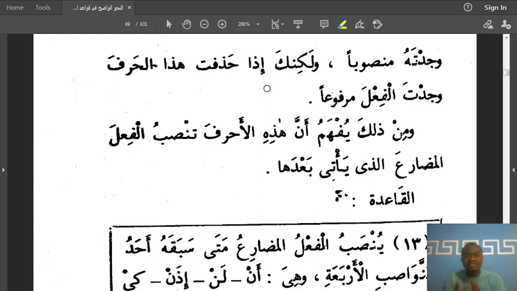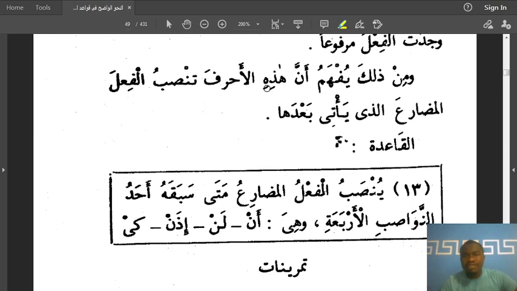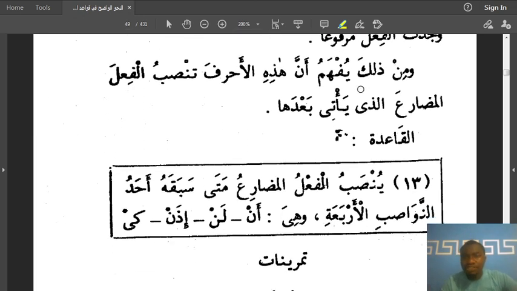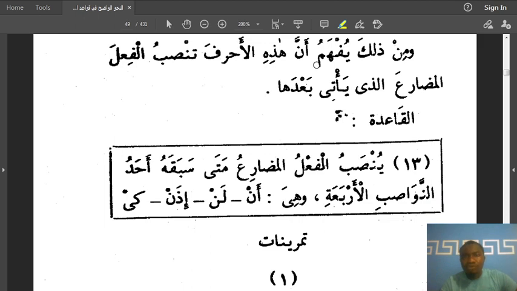When you take off these letters, an, lan, kay, and idhan, the present tense verb that comes will now take dhamma. It won't take the fatha again. Okay, so he says وَمِن ذَلِكَ, and from that, يُفْهَمُ, it is understood, أَنَّ هَذِهِ الْأَحْرُفَ, that these letters or these words, تنصب الفعل المضارع الذي يأتي بعدها, make the present tense verb that comes after it mansub, it makes it take fatha, basically.